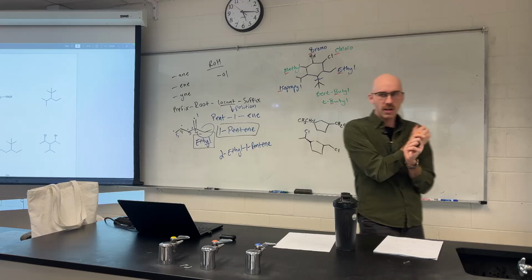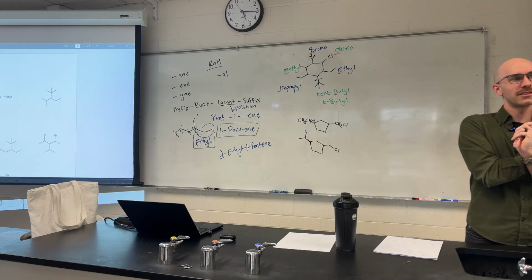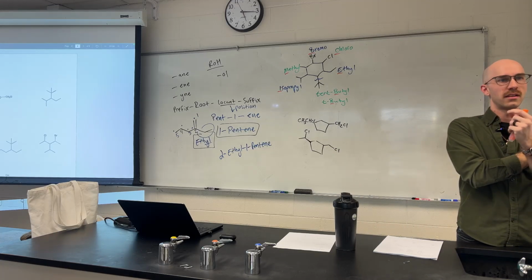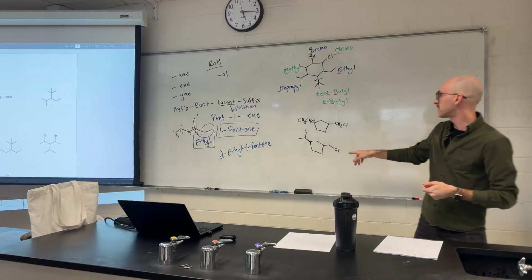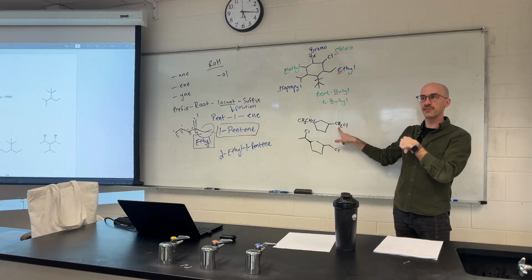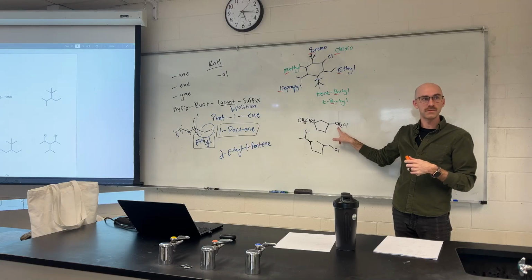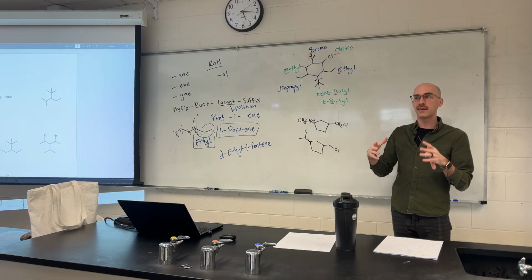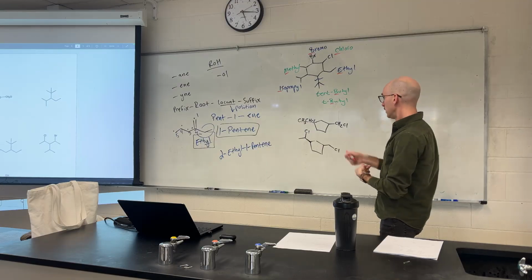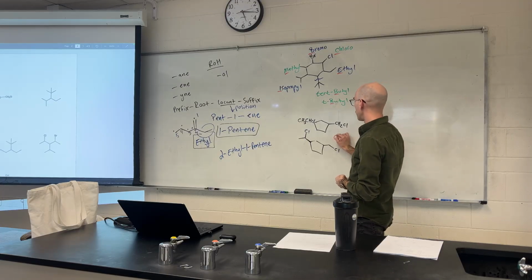These substituents are more complicated. These are substituted substituents. This is not just a methyl substituent off of the ring. It's a methyl substituent that now has a chlorine off of the ring. So we can name it as a substituted substituent. This group becomes chloromethyl.